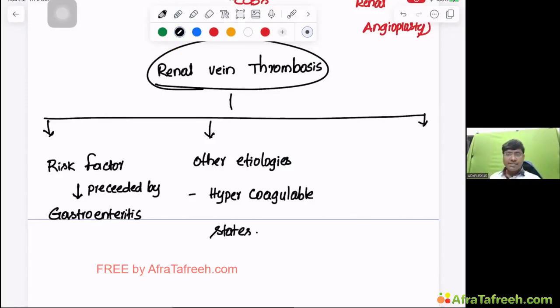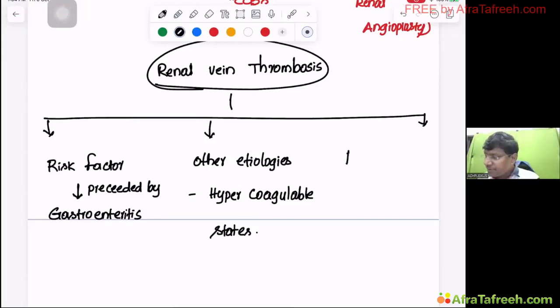These hypercoagulable states are what? Antithrombin 3 deficiency, protein C deficiency, right? And individuals taking high amounts of estrogen supplements. So those will be the etiologies.